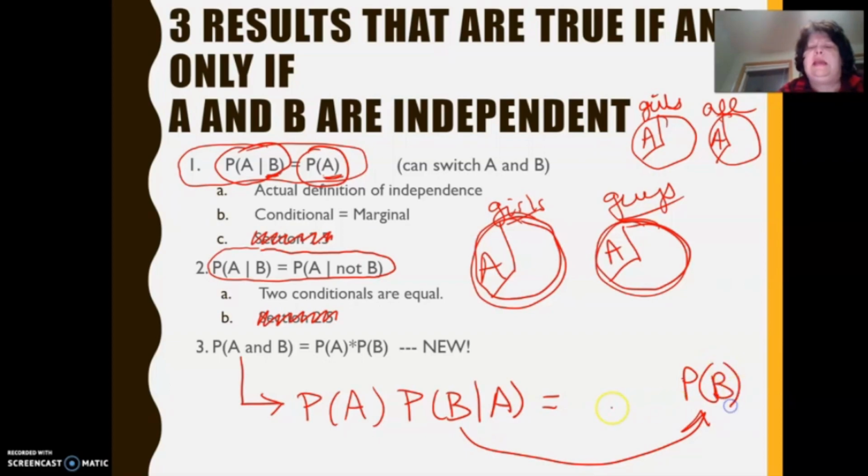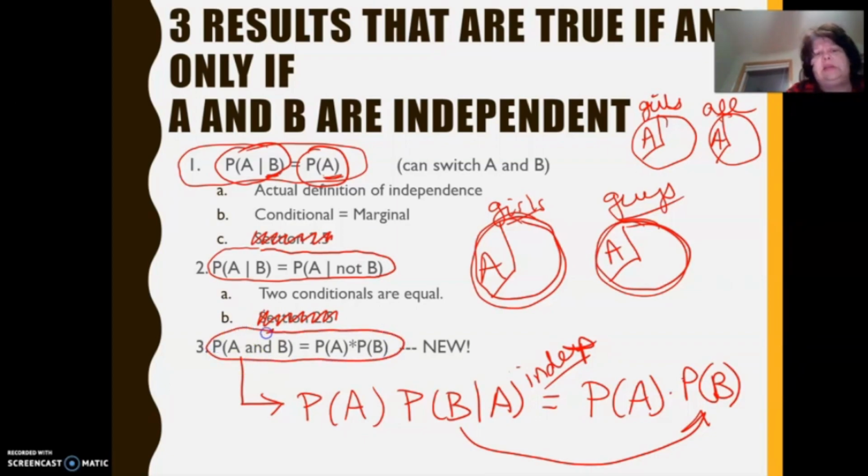The front one stays the same, the back one goes away. So that would just be P of A times P of B, since they're independent. But to check for independence, you usually use the first result or the second result. The third one you use when you know they're independent.